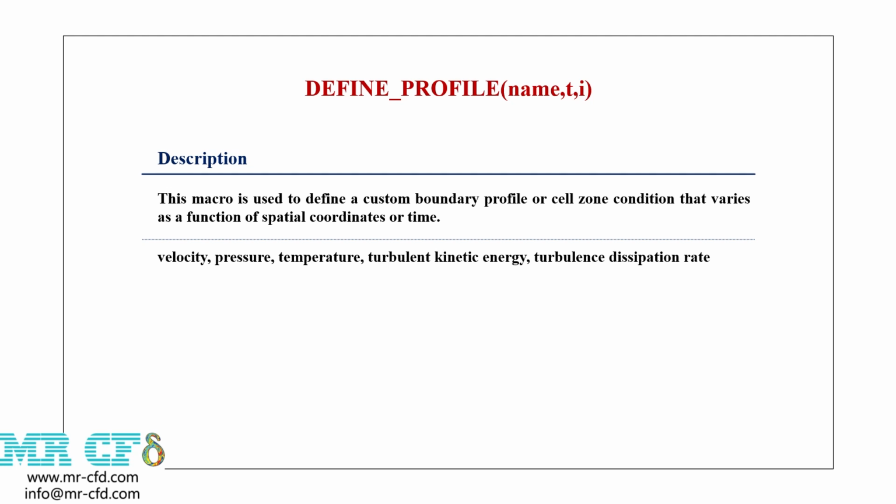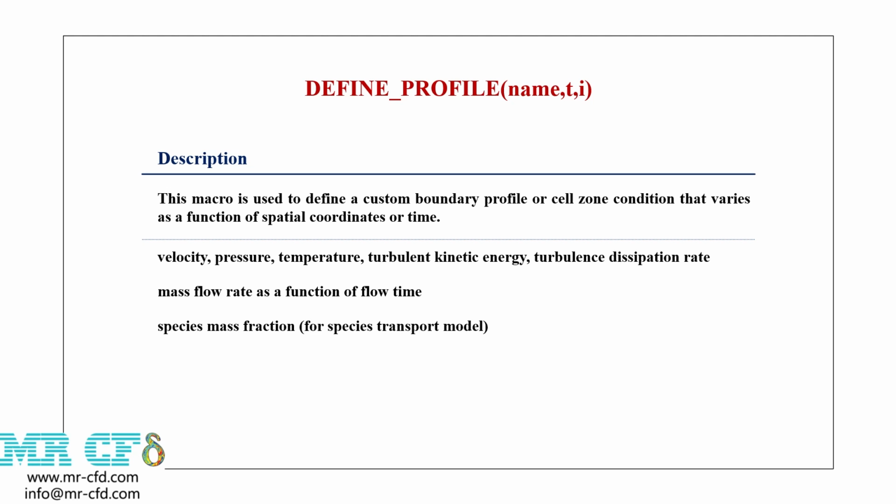Velocity, pressure, temperature, turbulent kinetic energy, and turbulent dissipation rate variations as a function of time or spatial coordinates. Mass flow rate variations as a function of time. Species mass ratio variations when using the species transport model.